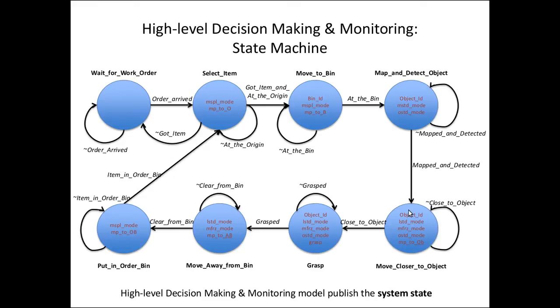It goes back and does it all over again. As soon as it gets to this state and there are no more items in the list, it goes back to the initial state where it waits for another order. So let's check how the remaining information is manipulated by the other models of the system.